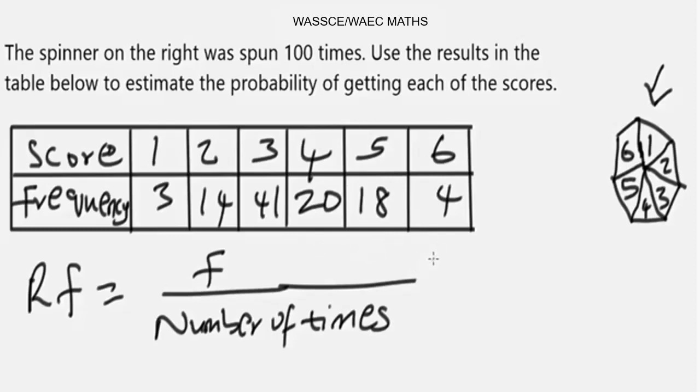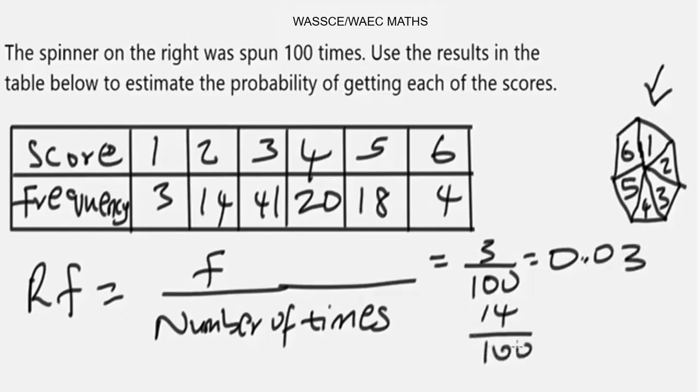The relative frequency when the score is 1 will be 3 over 100, which gives us 0.03. The relative frequency when the score is 2 will be 14 over 100, which when you punch it in the calculator is 0.14. The relative frequency when the score is 3 will be 41 over 100, which is 0.41.